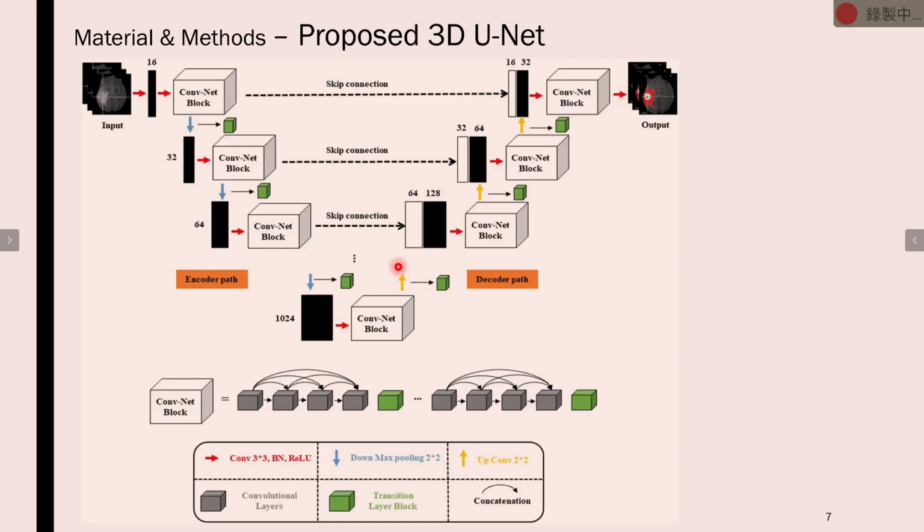The skip connections transfer the volumetric detail from the encoder to the decoder. Each convolutional block contains 3 by 3 by 3 convolution kernels, followed by a green cube that represents the transition layer.